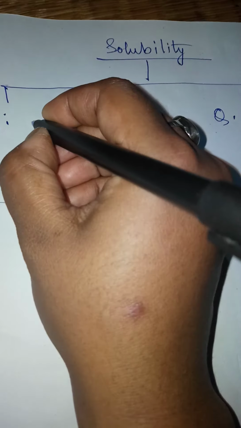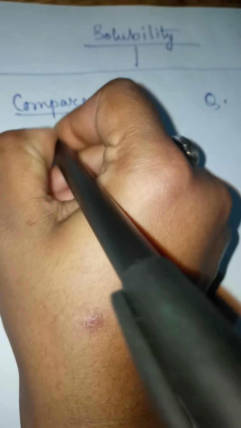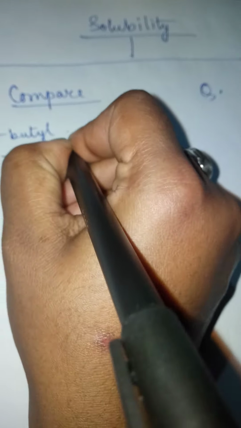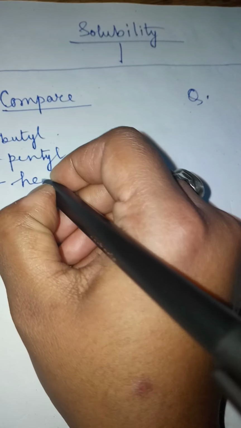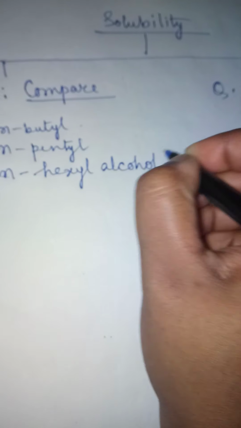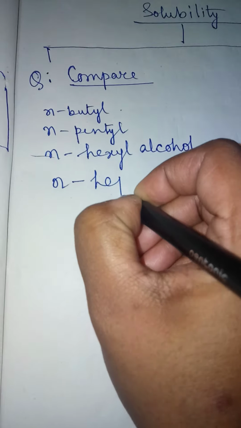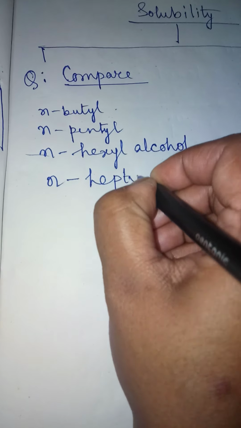First question is: compare the solubility between n-butyl alcohol, n-pentyl alcohol, n-hexyl alcohol, n-heptyl alcohol.